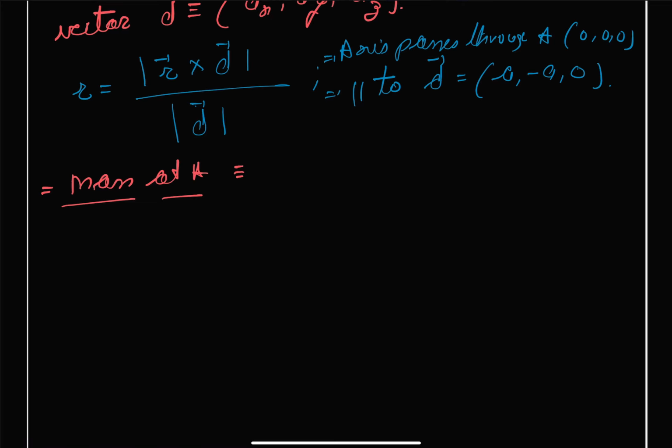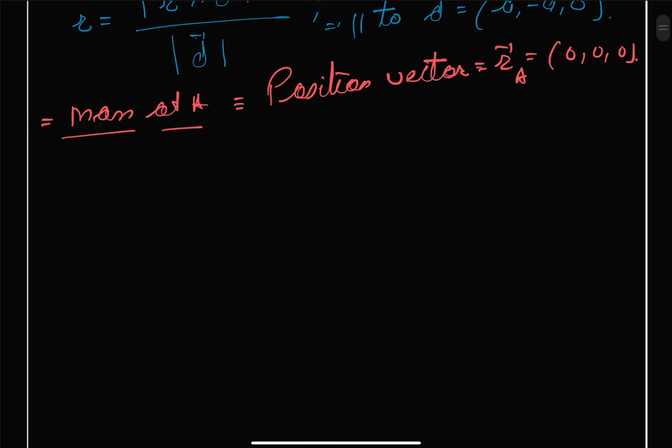And its position vector, which is represented as r of A, will be 0 comma 0 comma 0.